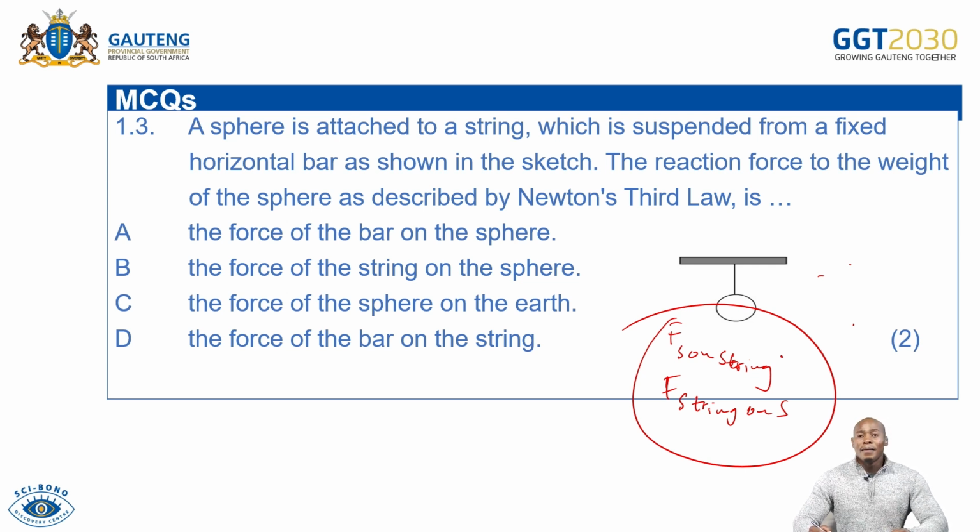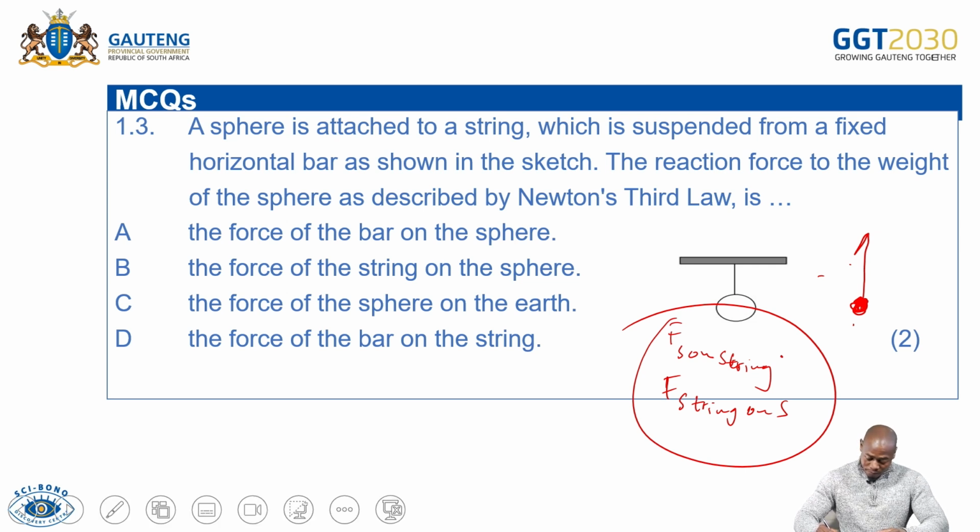Then remember, we can draw a free body diagram for the sphere here. So for a sphere, if frictional force or air resistance is ignored, then if this is the sphere, there will be tension, so there's T there.